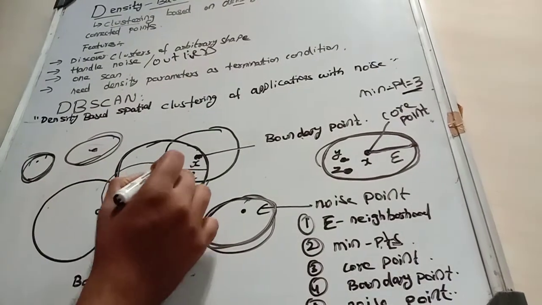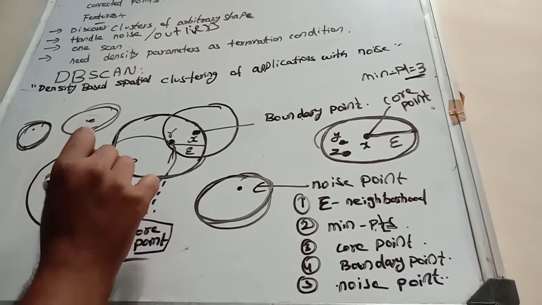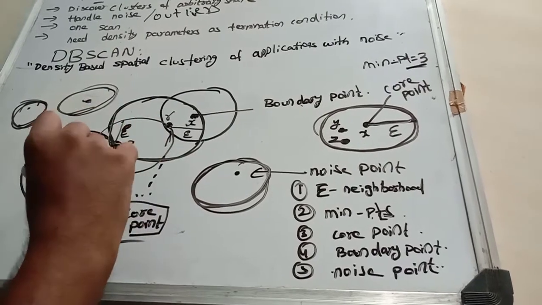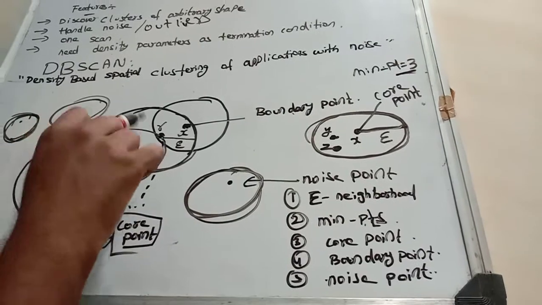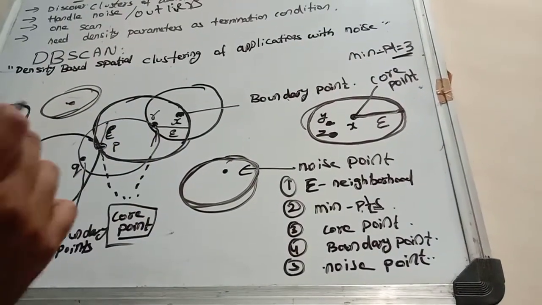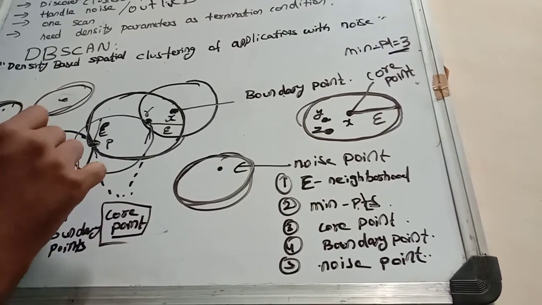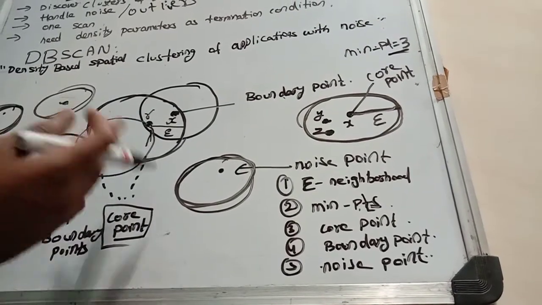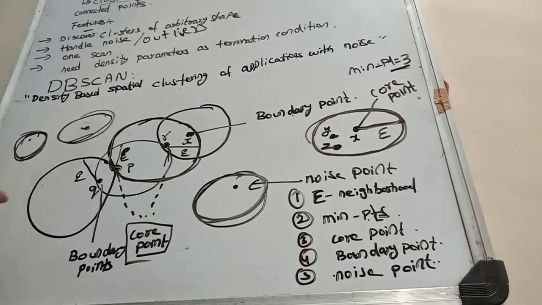Now this is satisfying the condition. We'll check P. It takes some distance epsilon, and we have drawn the circle. 1 point is covered, 2 points are covered, 3 points are covered. That means the minimum points condition is also covered, so we can call P a core point. Now we'll take Q with some radius and draw a circle. It is only covering Q and P, so it is not a core point. This is the main concept behind DBSCAN.